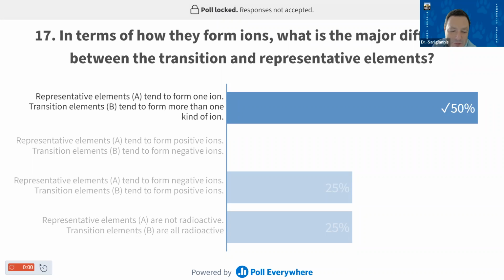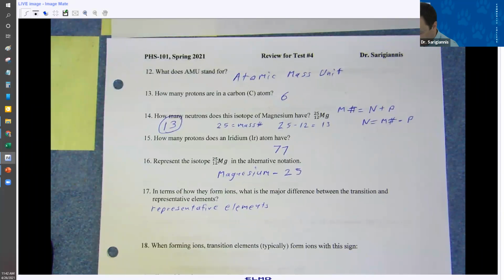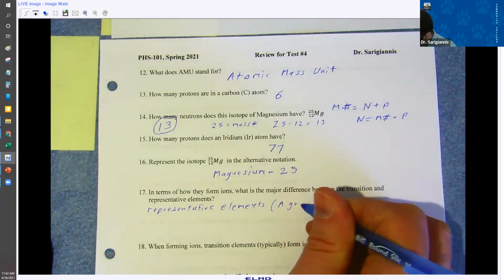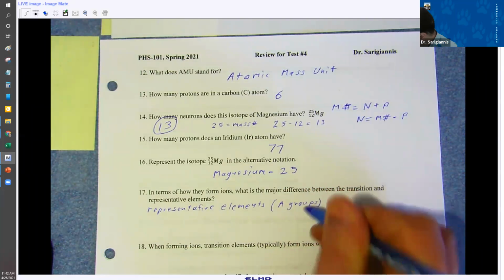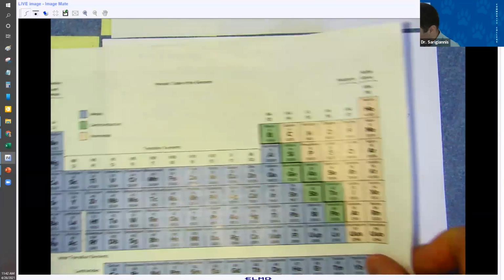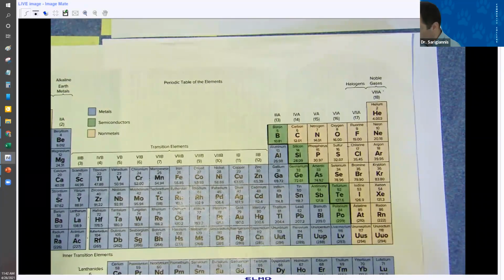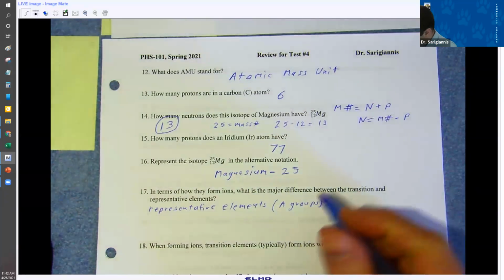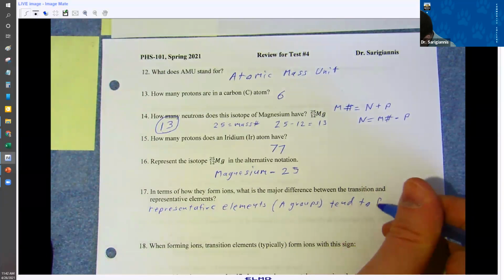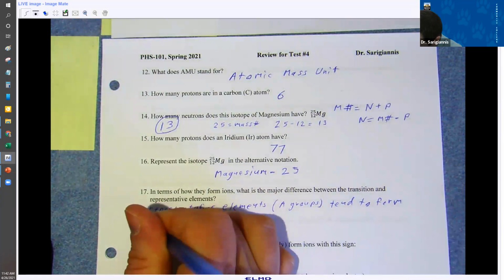Let me write this down. So representative elements, these are the A groups. On the periodic table, we're looking at 1A, 2A, and then 3, 4, 5, 6, 7, 8A. They tend to form one ion.